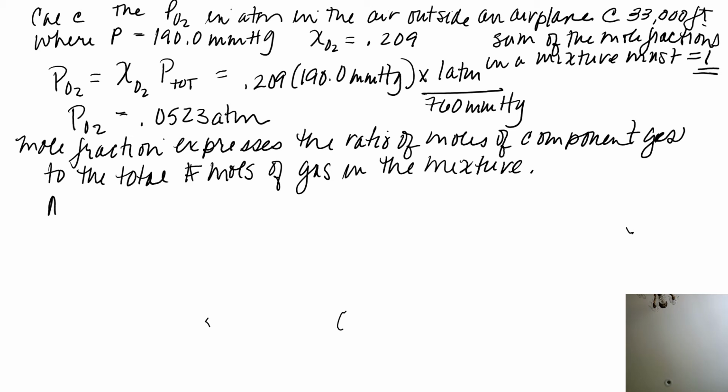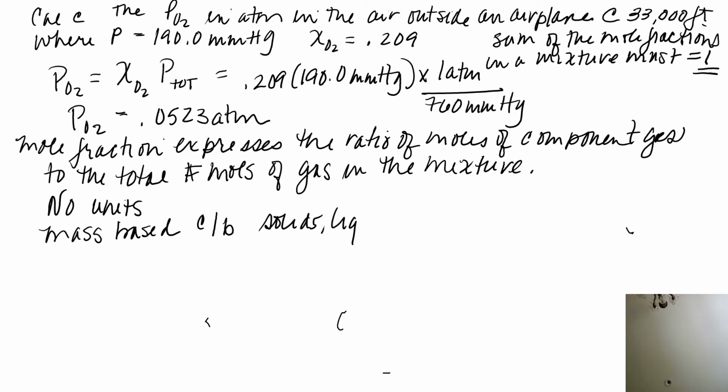There are no units. All units cancel. Moles cancel. So remember, there aren't too many quantitative descriptions in chemistry that don't have units, but this is one. These are mass-based because we use molar mass to get the number of moles. So it can be used for solids, liquids, and gases.